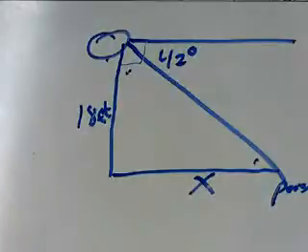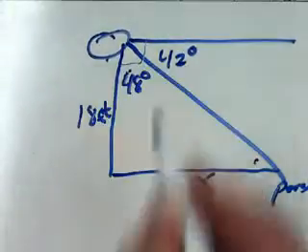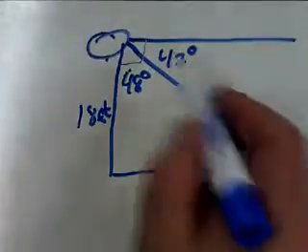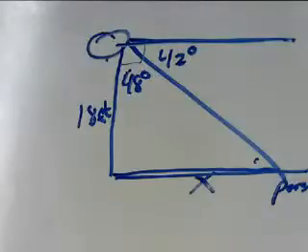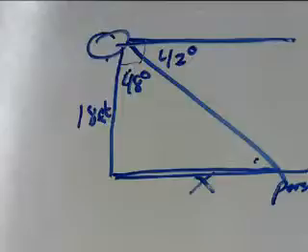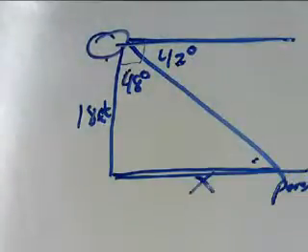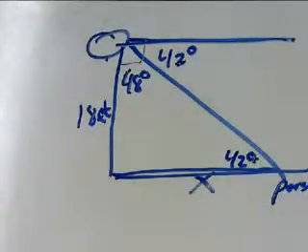Which means this would have to be 48 degrees. The other way of looking at it is this line is parallel to this line, isn't it? Which means this is a transversal. This and this are alternate interior angles, which means it gives you 42 degrees. So be careful when you're working with angle of depression that you're working with the correct angle.